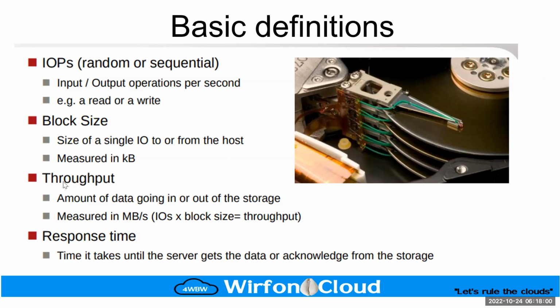Throughput is the amount of data going in and out of a storage. And we also have response time, the time it takes for a server to get the data or an acknowledgement from the storage.